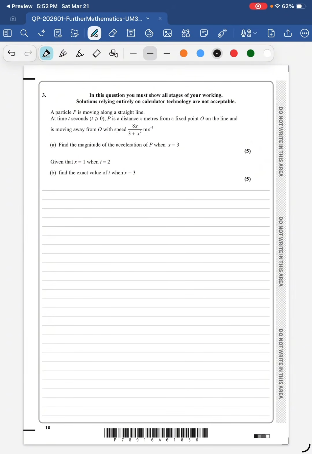This is complicated because the acceleration is just dv over dt. How are we going to handle this? We can do dv over dx times dx over dt.